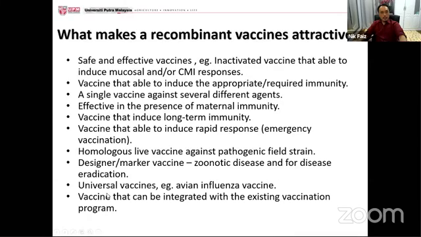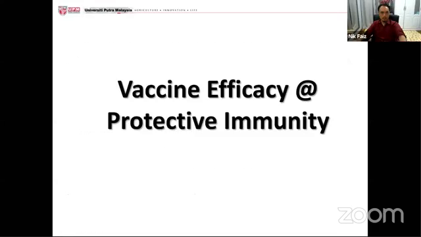And universal vaccines, some of which may have potential to be universal vaccines, especially in avian influenza, vaccines that can protect against various species, and also vaccines that can be integrated with the existing vaccine programs. So these are the things that they look for when it comes to development of recombinant vaccines.